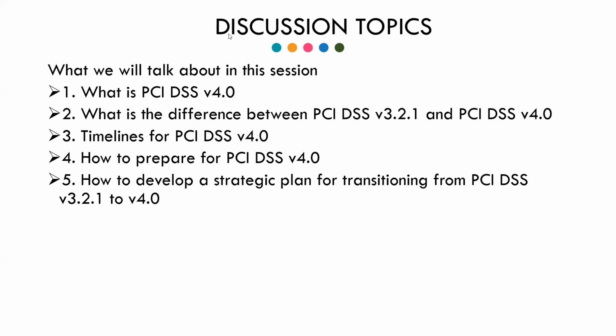We will look at all that. And what does that mean for your organization if your organization has to stay in compliance with PCI? And we also look at how to prepare for the transition, right? How to prepare for version 4, and how to develop a strategic plan or approach to transitioning from version 3.2.1 to version 4. Okay, so it's going to be a fun ride.